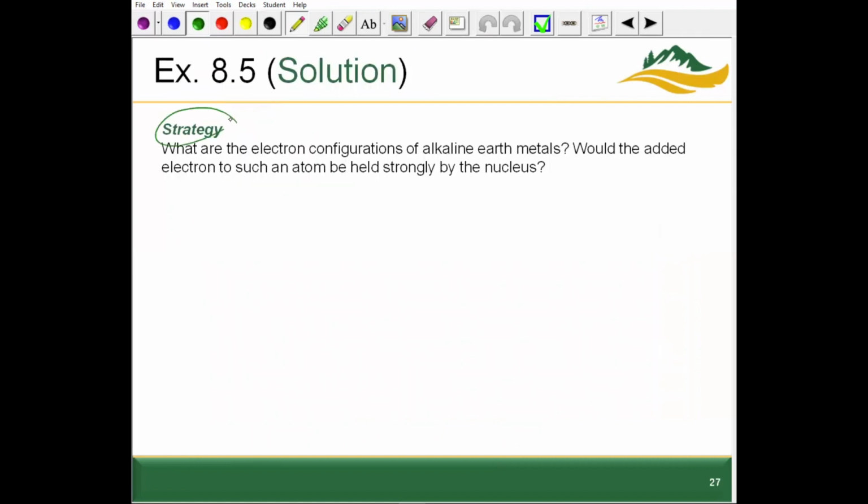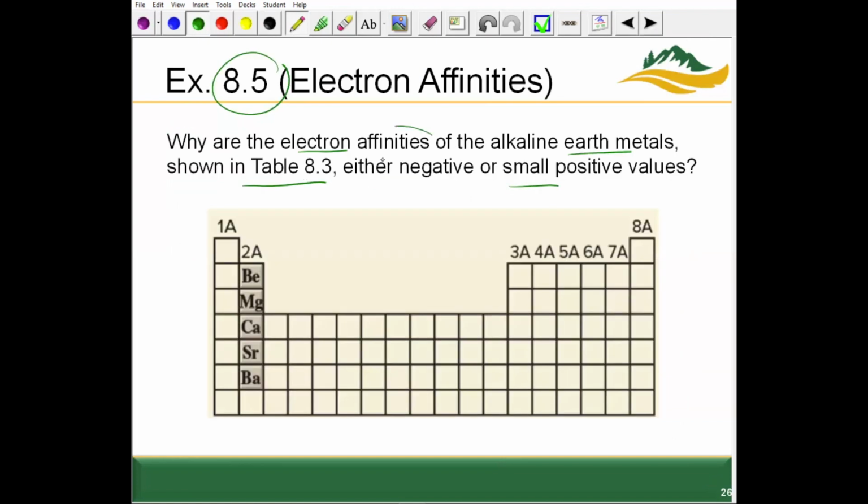A strategy for this: what are the electron configurations of our alkaline earth metals? Would the added electron to such an atom be held strongly by the nucleus? So for electron affinity, we're thinking about adding on an electron, again, to the neutral form of the atom. Let's draw an example for beryllium.